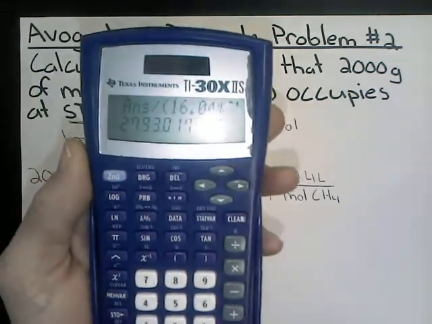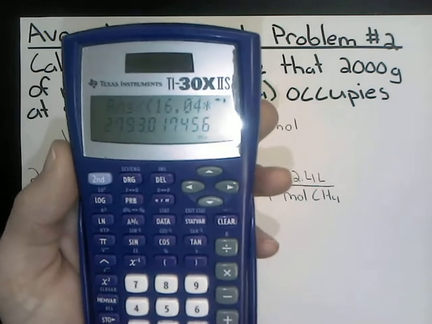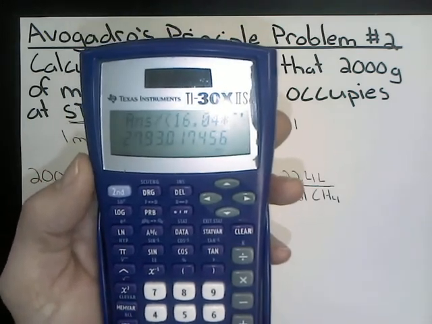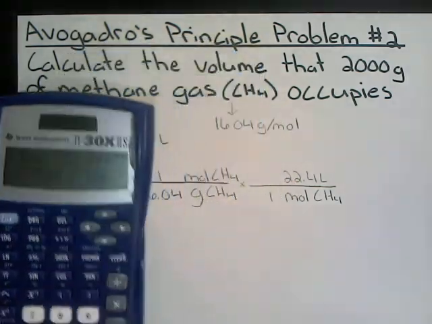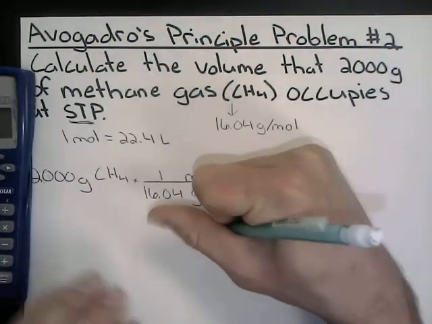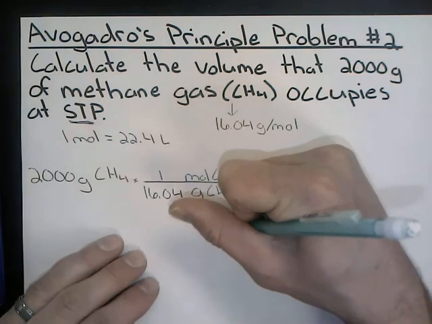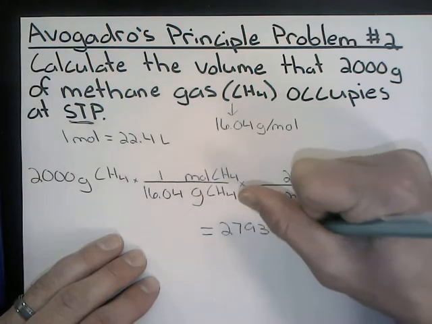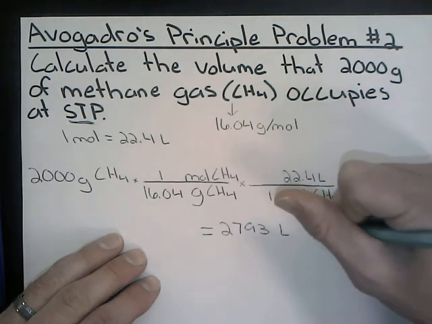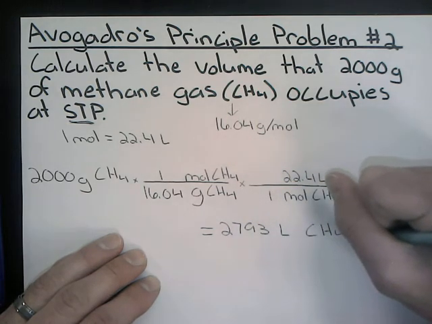Okay, now we get a value here in our calculators of 2,793 liters. Okay, so that would be 2,793 liters of methane gas, so of CH4.